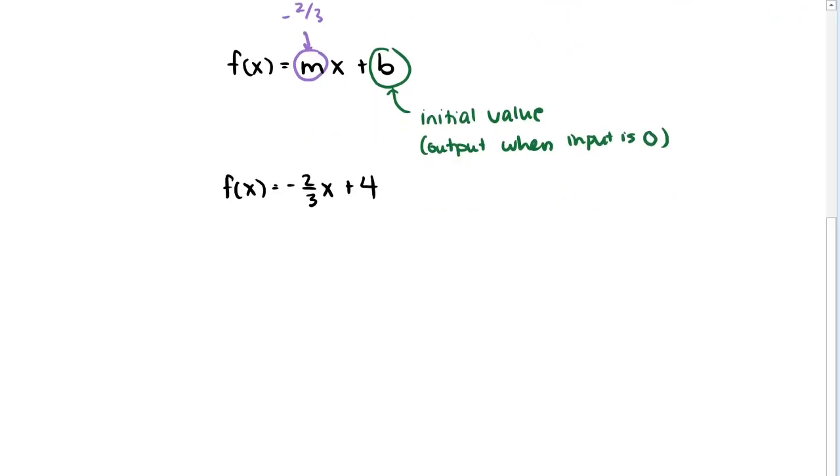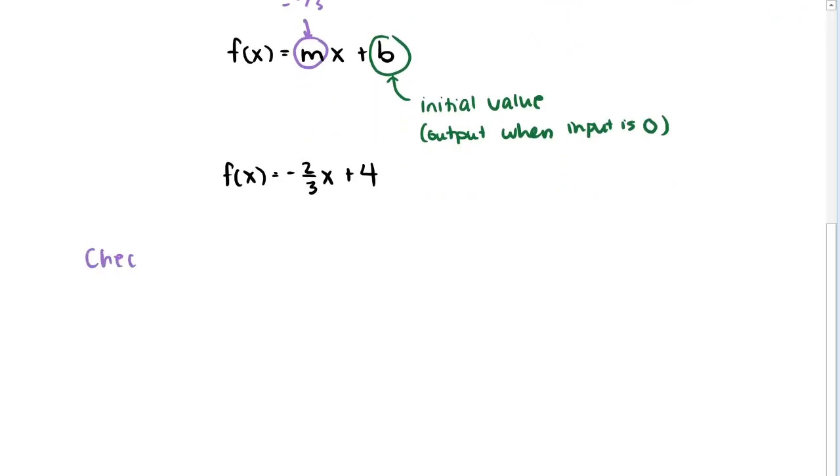And we can check this. This is supposed to be a function that satisfies the conditions above, that what was it? It was f of 3 is equal to 2 and f of 0 is equal to 4. Well, we can plug in those values. We can check if I input 3 into my function, do I get out an output of 2?